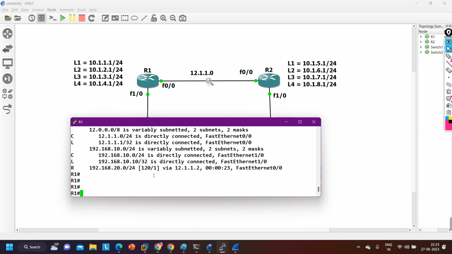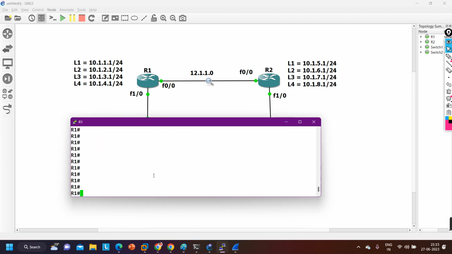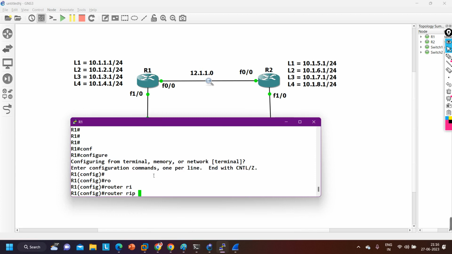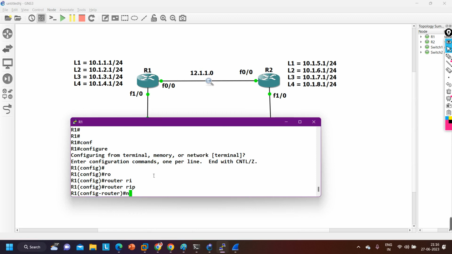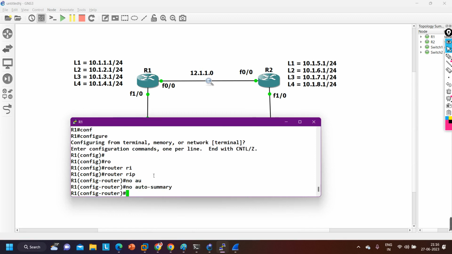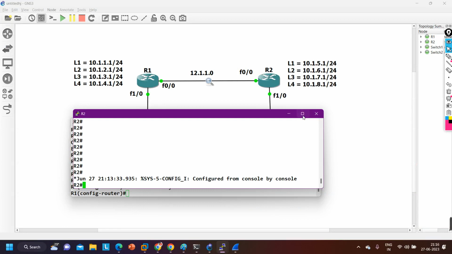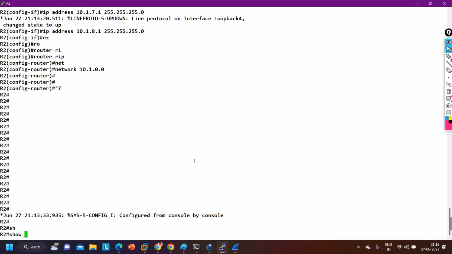Okay guys, actually what is happening is that by default auto summarization is enabled. Router RIP, and no auto-summary. After running this command, see, by default on router number 2 this command is enabled.